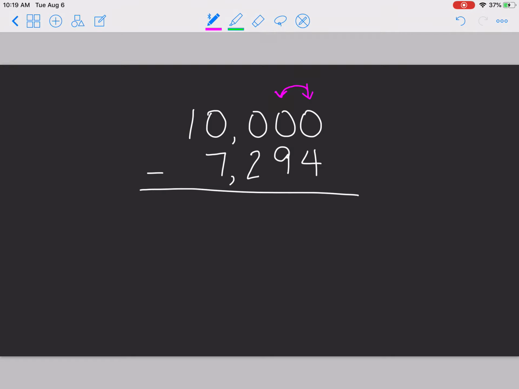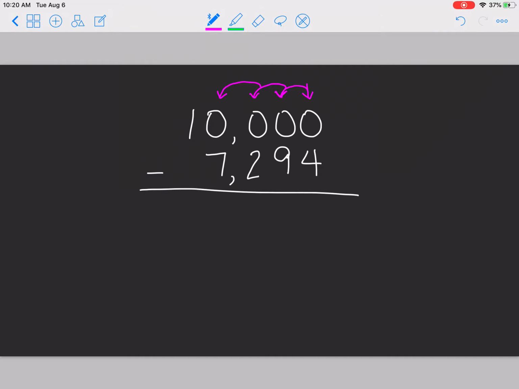So can I take any groups of 10 and give it to the ones place? Nope, I can't. So I'm going to have to continue on and look at the hundreds place value. Again, I have no hundreds, so there's nothing I can give to the tens or the ones place. I'm going to keep moving on. Thousands place, I still have nothing.